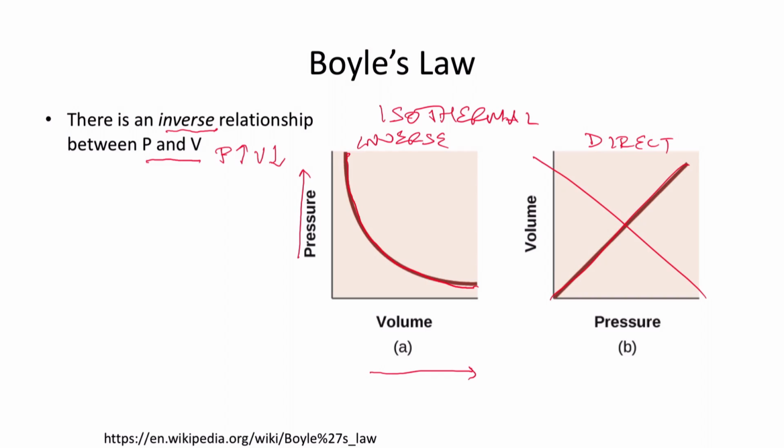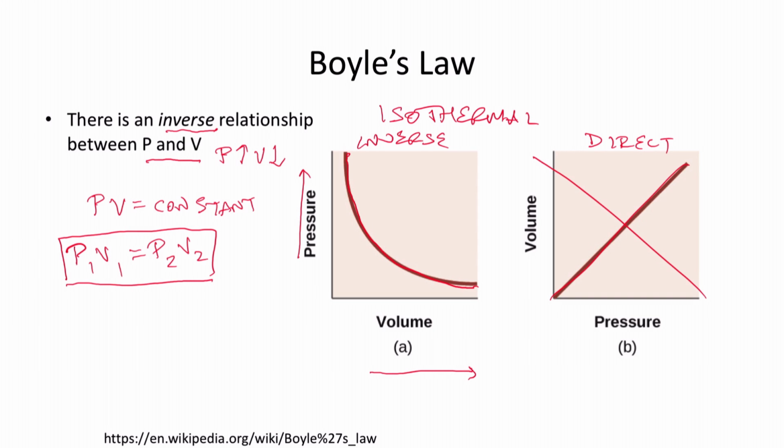As pressure goes up and volume goes down, it turned out that the product of pressure and volume was equal to a constant. Another way to write that is that the initial pressure multiplied by the initial volume has to equal the final pressure multiplied by the final volume. This is known as Boyle's Law: P1V1 equals P2V2.